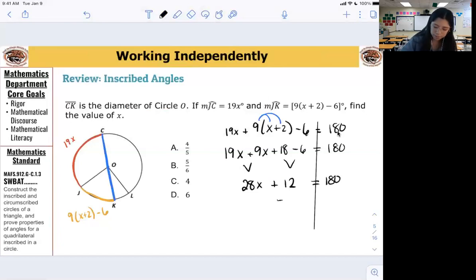Now Janelle's good. What's 180 minus 12? And what's 168 divided by 28?